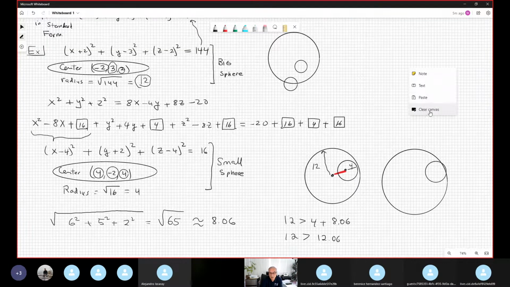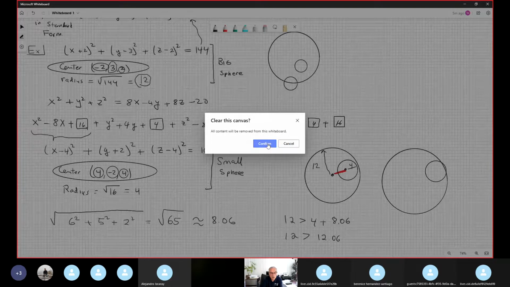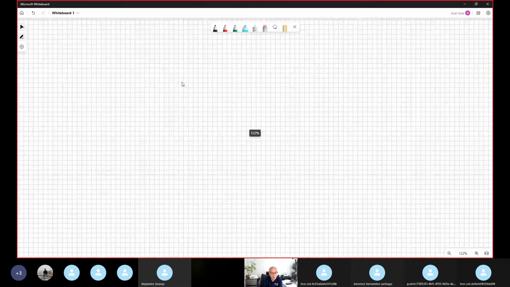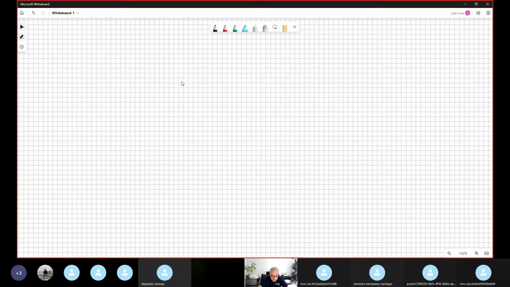Excellent. Erase the whiteboard. Okay, vectors, guys, vectors. Do you see now in this calculus the extreme importance of the connection with vectors? Vectors allow us to understand much better the multivariable calculus.